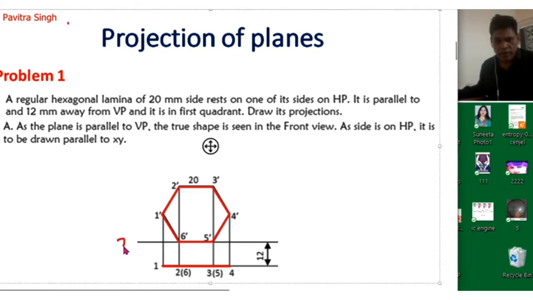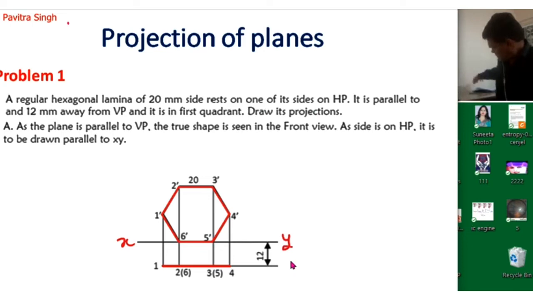So we will draw one line XY. This XY line is the line of intersection of these two planes, the vertical plane and the horizontal plane. These two planes are connected with this line.